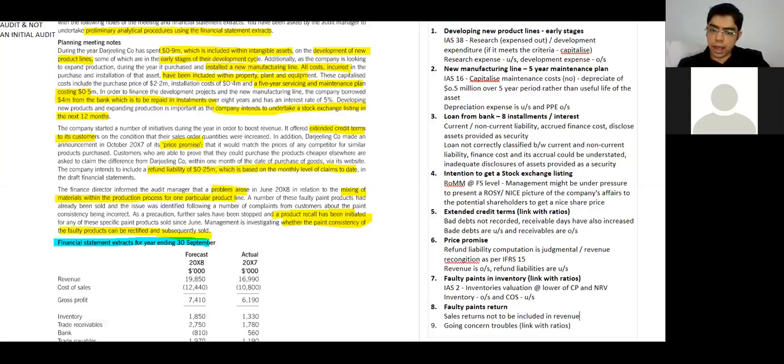And this includes sales returns not just before but also after the year end. Even if there are returns after the year end pertaining to this paint, that would be treated as an adjusting event, because you already know the condition of faulty paints exists at the reporting date as well. So what is the risk? The risk is that your revenue is overstated and your sales returns understated.